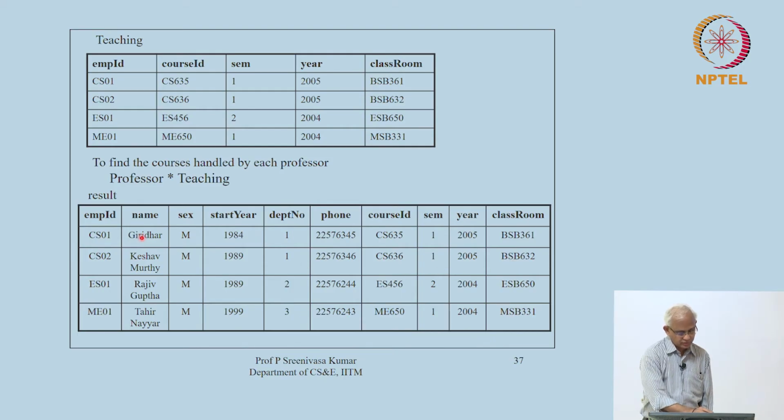In case a particular professor is teaching more than one course, then the entire details about the professor will be repeated. In this case it is not like that, so we get this result. So this is natural join. Okay.